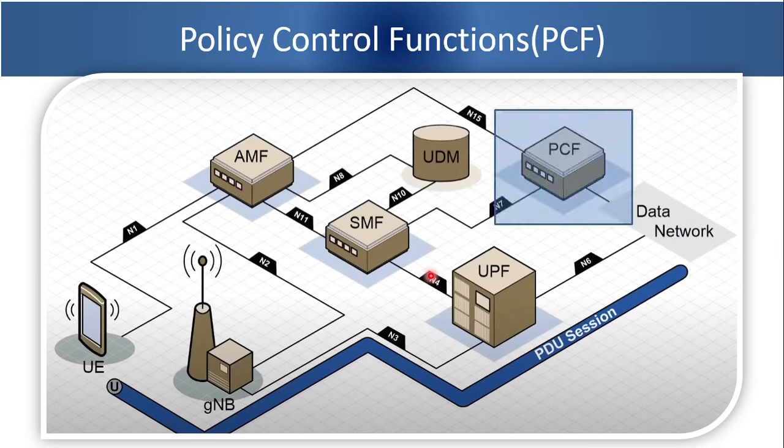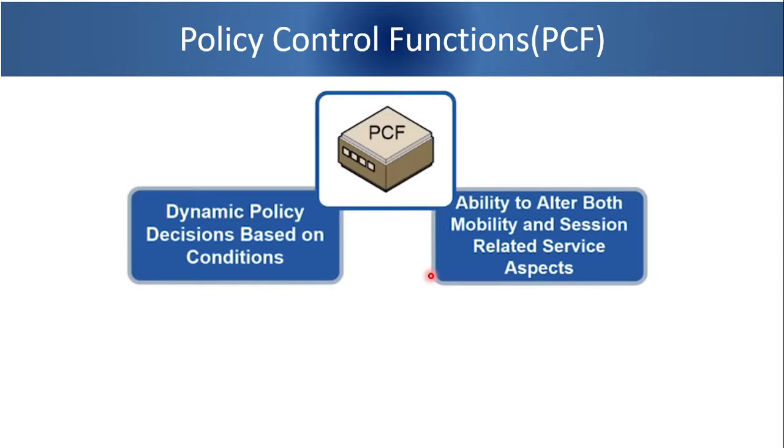And now the policy control function. As the name suggests, it is for the implementation of policies; even the dynamic policies are implemented by the policy control function. The dynamic policy decision, which I was just talking about, such as throttling of data, is of course implemented by UPF through SMF, but the decision is taken by PCF. Basically it can even alter mobility or session related aspects.